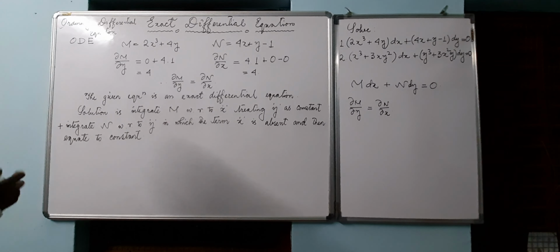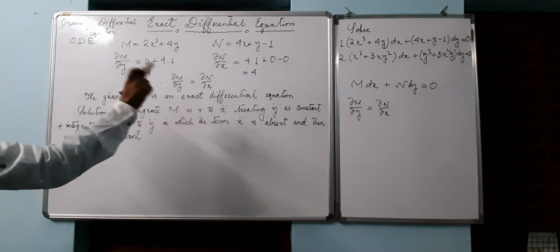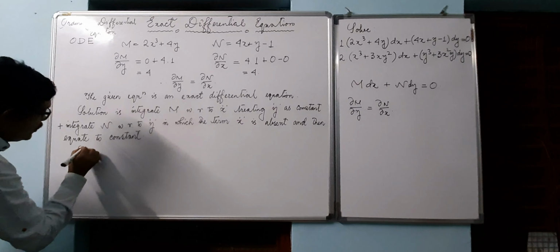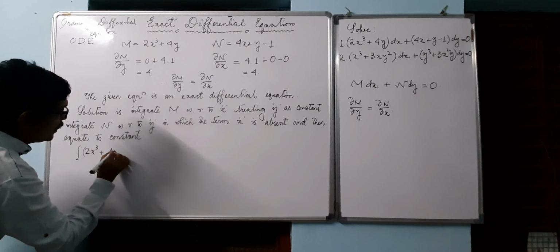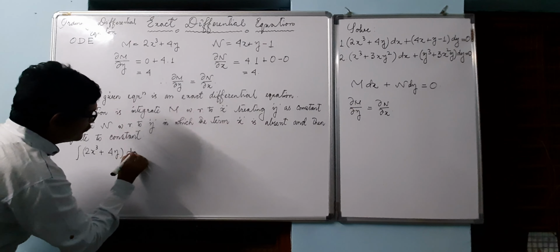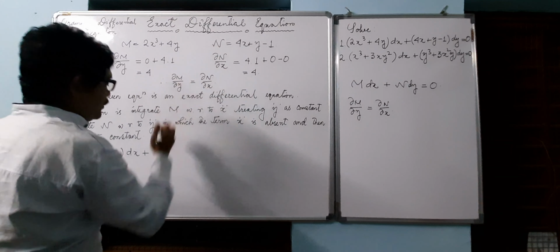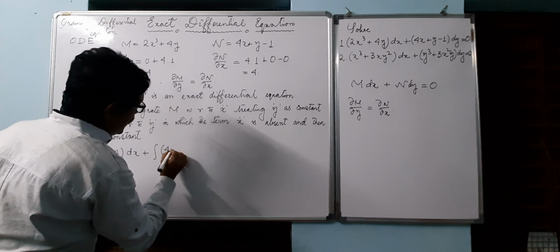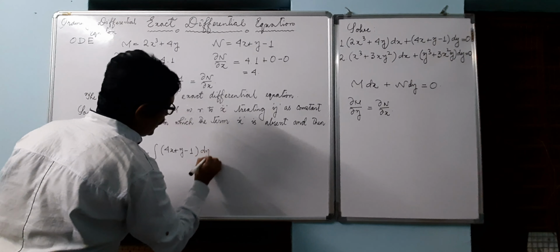So first, integrate M with respect to x. What is M? It is 2x cubed plus 4y, dx, plus integrate N, which is 4x plus y minus 1, dy.